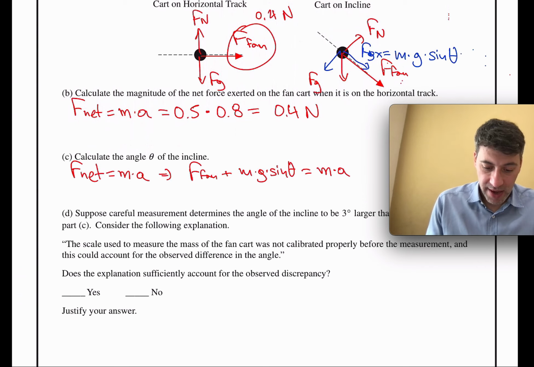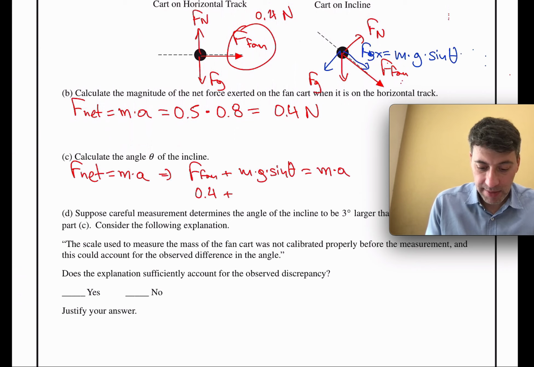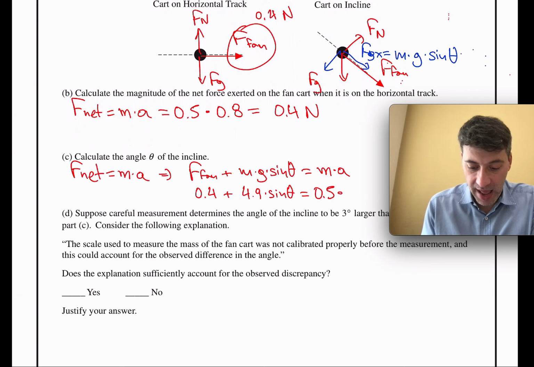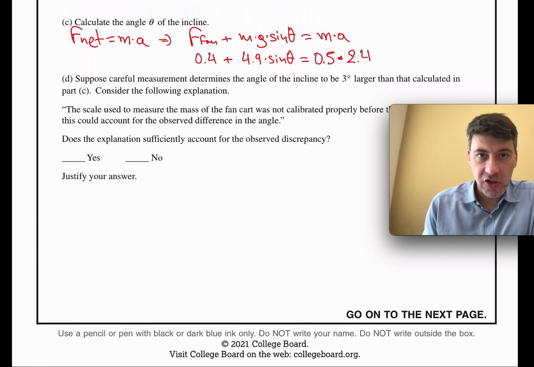Now the force by the fan, we found it 0.4. The mass times g is 0.5 times 9.8, so 4.9 times sine theta is equal to mass times acceleration, so 0.5 multiplied by the acceleration on the inclined plane, which was 2.4. If we proceed with our calculations, we have 0.5 times 2.4 and then minus 0.4, the result is 0.8.